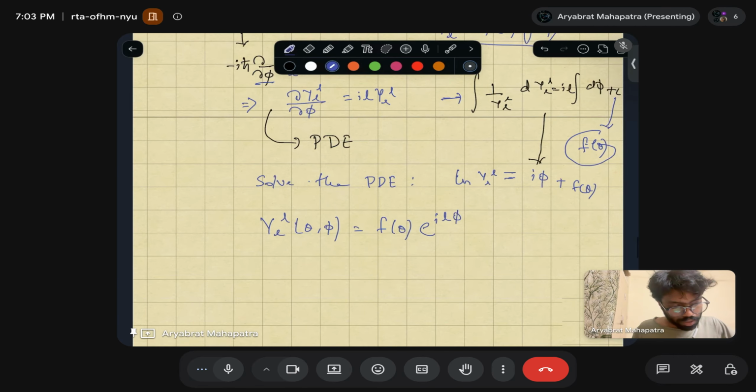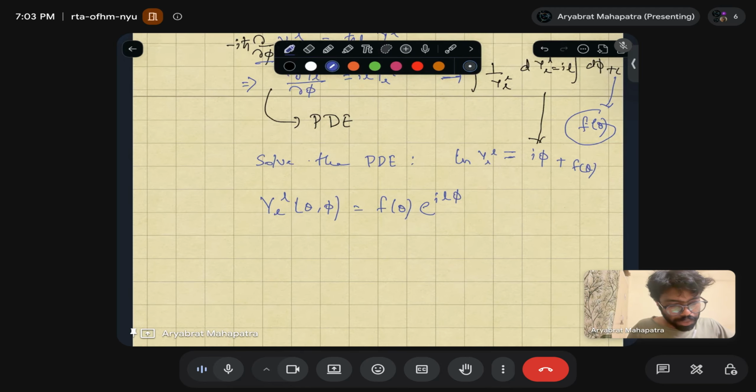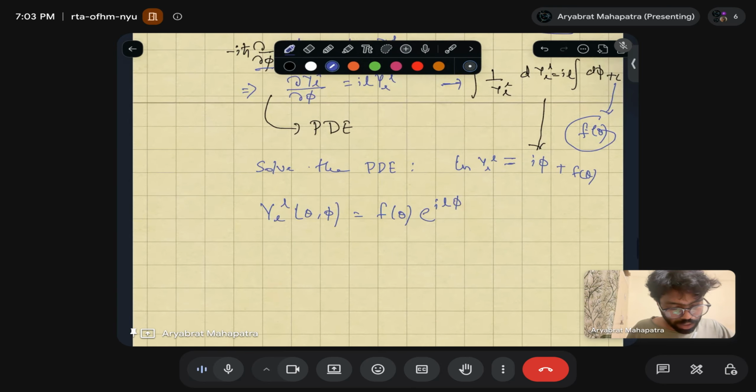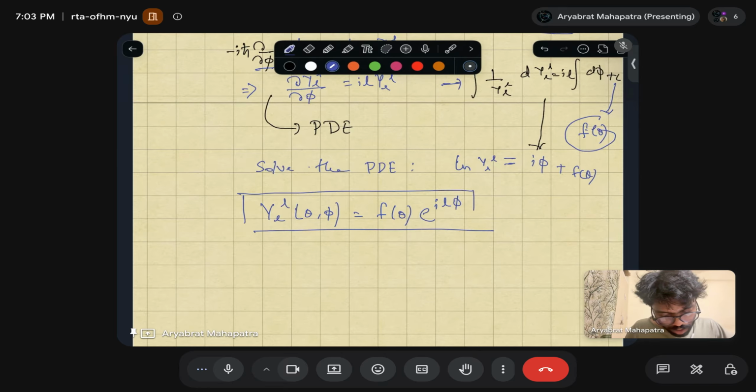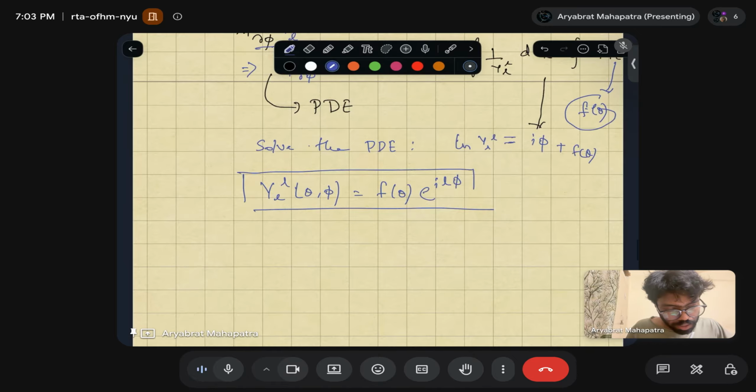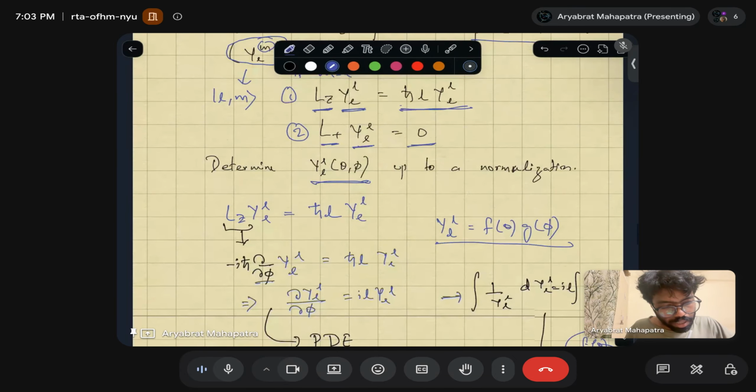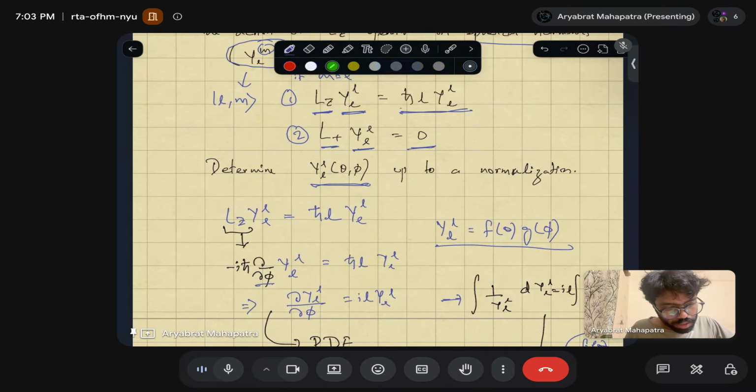So we are simply solving a partial differential equation, and from here we got this as our solution. Then we will use the other condition: when L plus acts on this Y_l^l, it will give us 0.